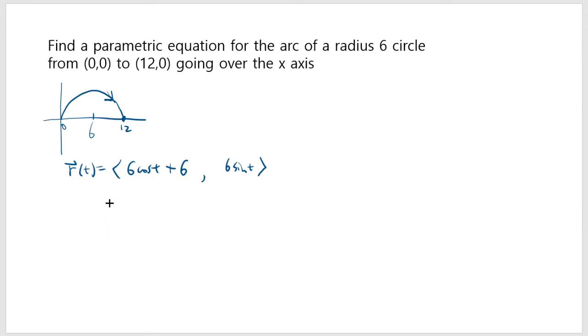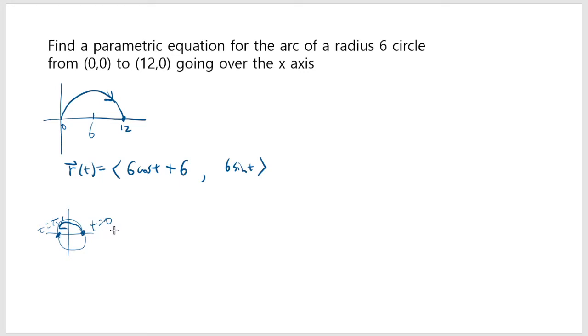And then you have to think about what this would be parametrized as. So in this regular circle, this is t equal to 0, and this is t equals to pi. So if you go this way, then you're going to get t equal to 0 to t equals to pi.